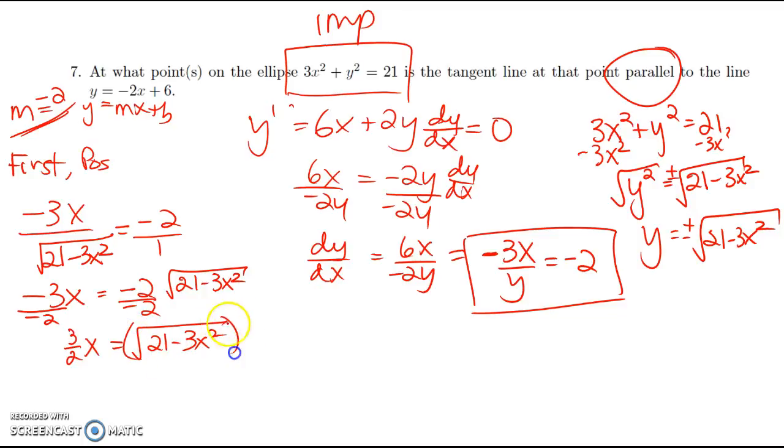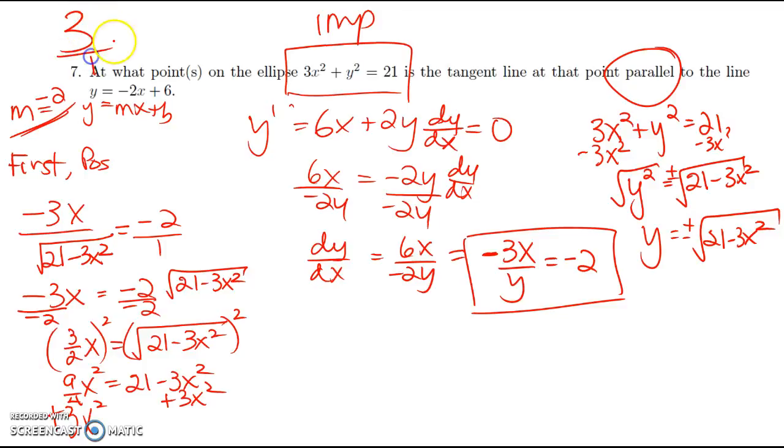Now when you get rid of this radical, don't we square both sides? So now we have 9 over 4 x squared equals, a radical squared just gives you what's inside, doesn't it? Oops, I forgot to square this. We got a square there, don't we? Alright, so if I add 3x squared to both sides, let's not forget, 3 over 1 is equal to 12 over 4.